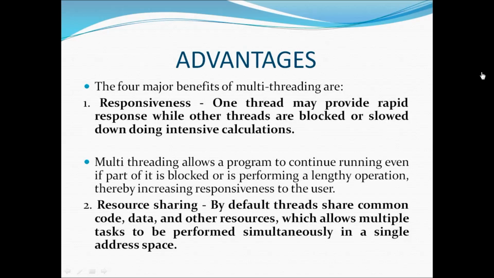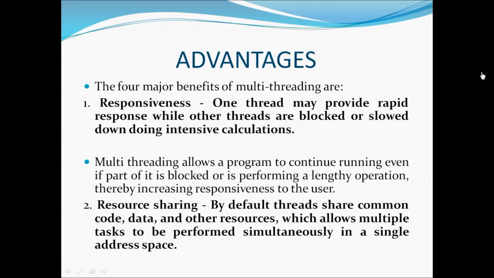My task will be completed very fast, right? That's why responsiveness will be very high, because I'm not dependent on only one thread to do the task. I have multiple threads, each doing a particular task, and obviously my task finishes faster. That's why multi-threading allows a program to continue running. And another advantage: even if one thread is blocked, I can continue with the other threads, right? That's why it improves responsiveness. I don't want to shut down the entire process. Understood, guys? That is one advantage.